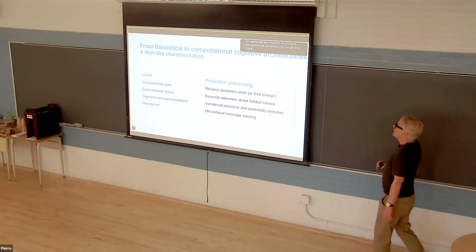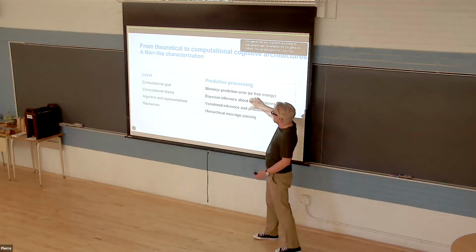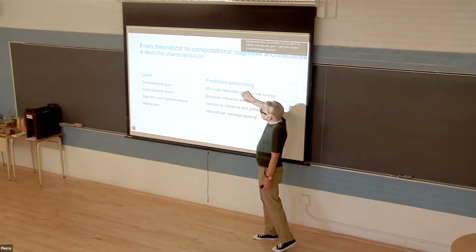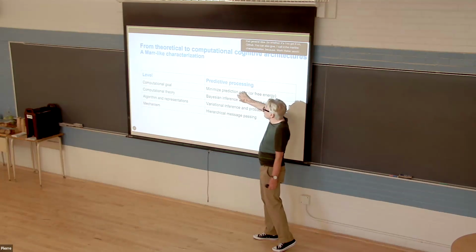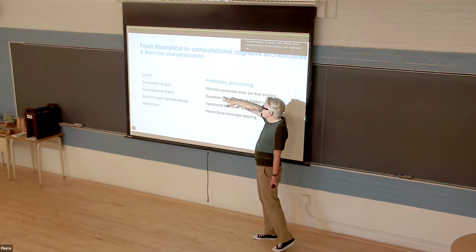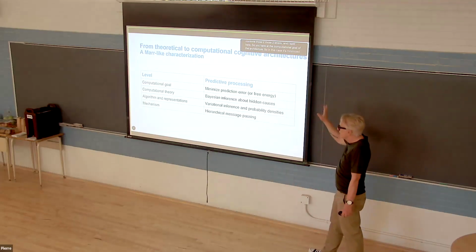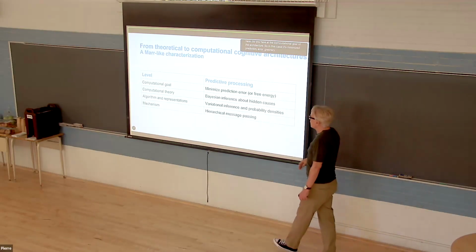You can also give what I call the Marr-like characterization, because Marr would combine those two levels that I split here. So you have the computational goal of the architecture. In this case, it's to minimize prediction error or free energy. There's a little difference between the two, but I'll get into it.